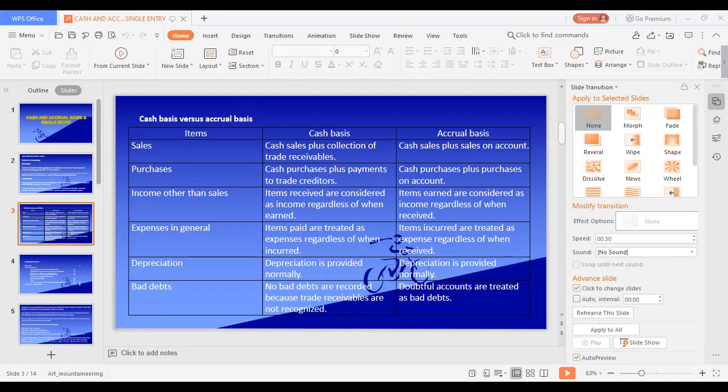Now, how was the retained earnings computed? Retained earnings, January 1. We are given in the problem the retained earnings of 600,000. However, we have the adjustments. So, how was the amount of 180,000 taken? Your retained earnings beginning balance before adjustment is 600,000.